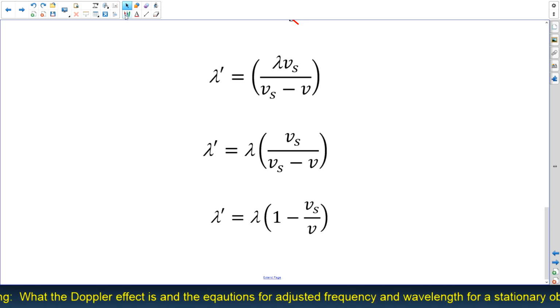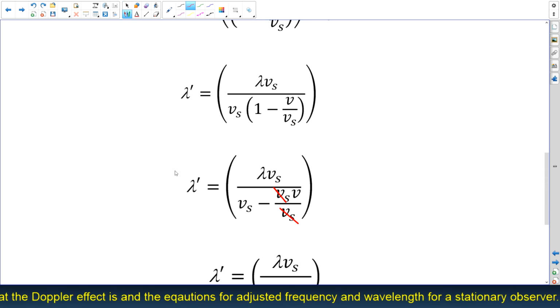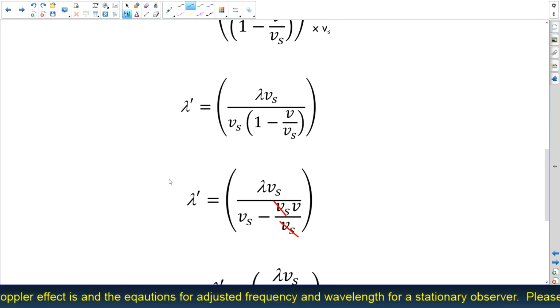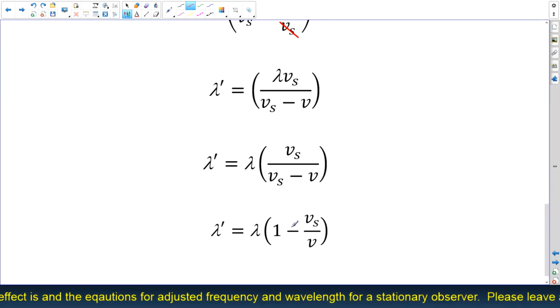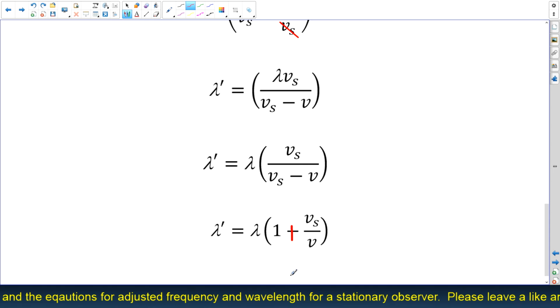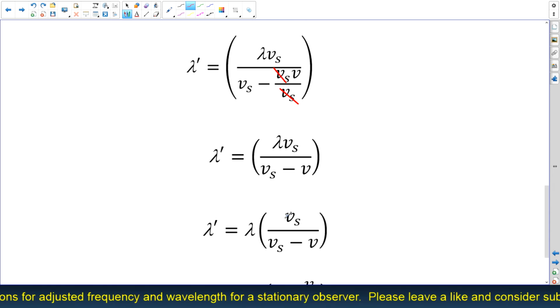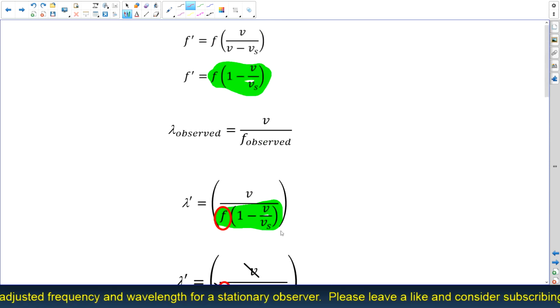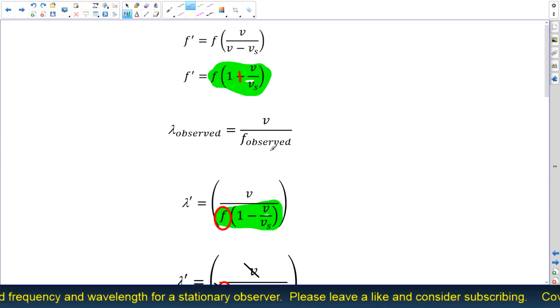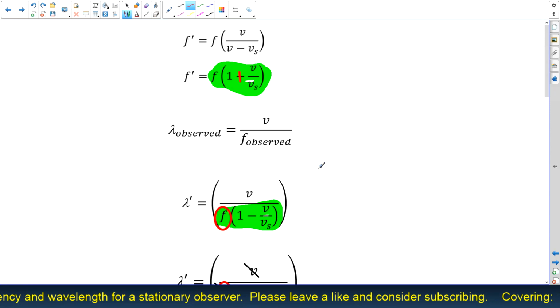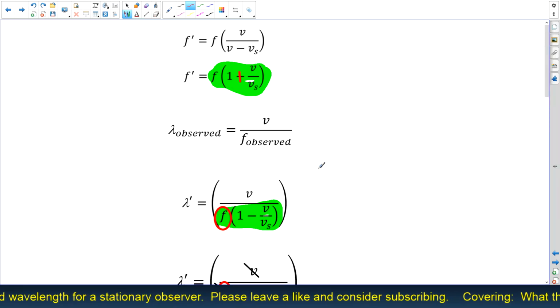Now, if the object was moving away from us, this whole reasoning is exactly the same, except this becomes a plus, because the wavelength will appear longer. And up here, this becomes a plus. Is that all right?